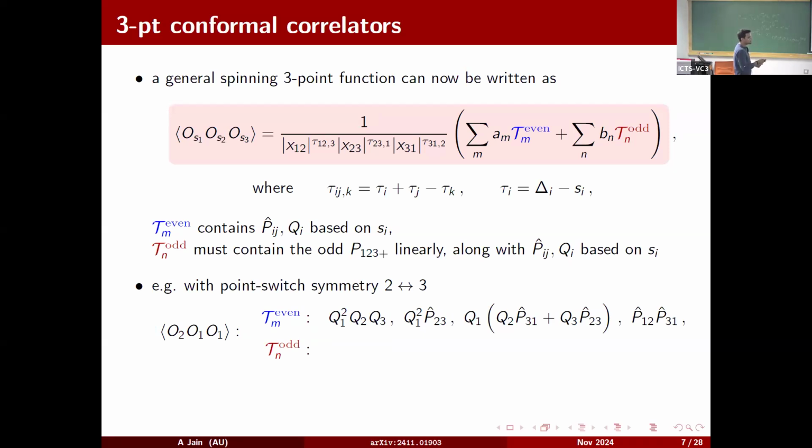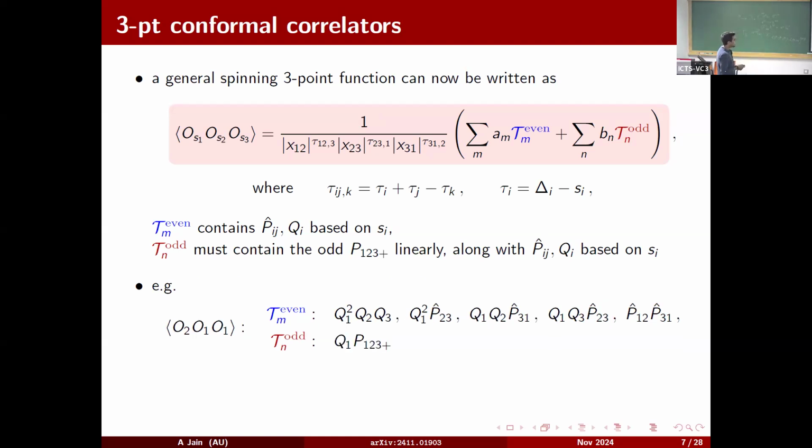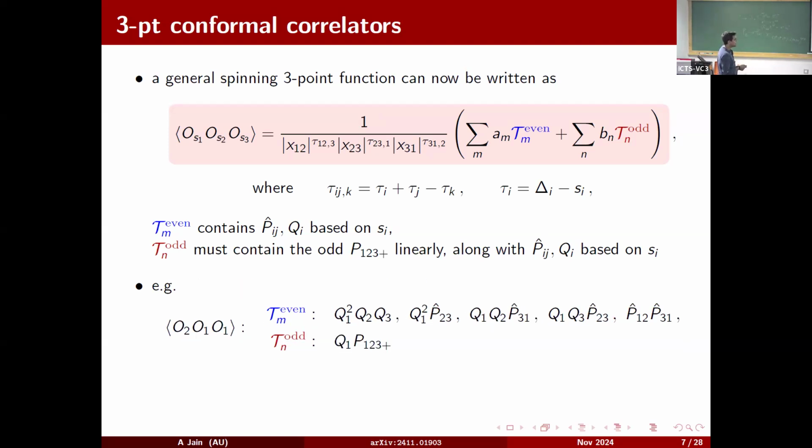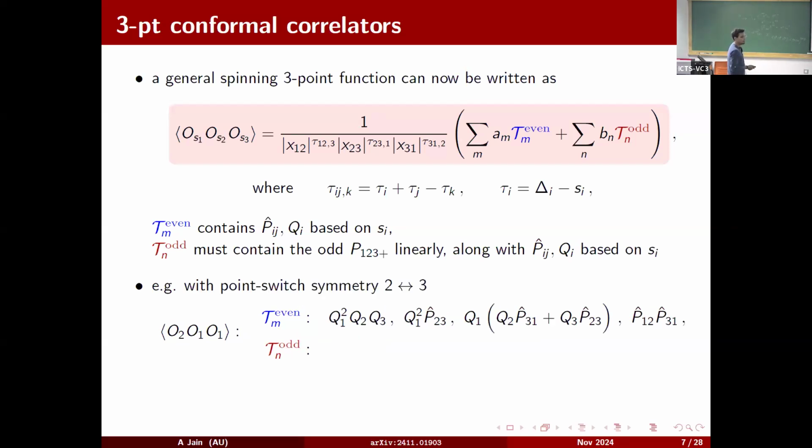Since my invariants are made up of coordinate space points, I can see what happens when 2 and 3 are exchanged. In the other structures, everything is fine. In these 2 structures, we can only use a linear combination, like this. And the odd structure cannot preserve the symmetry under a 2-3 swap, so that has to be dropped.